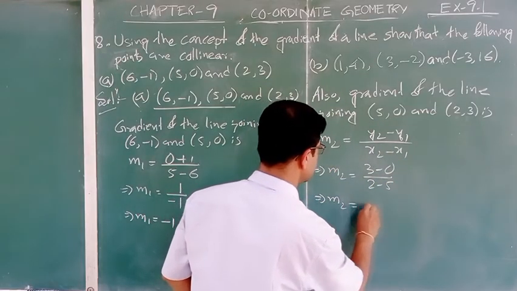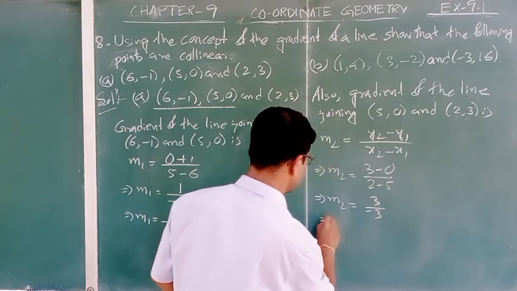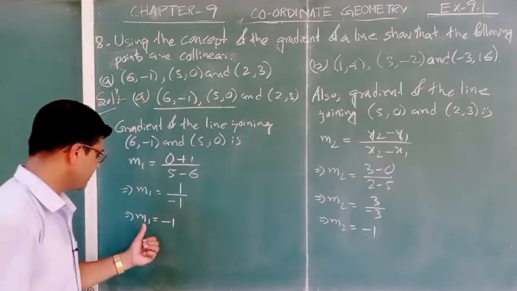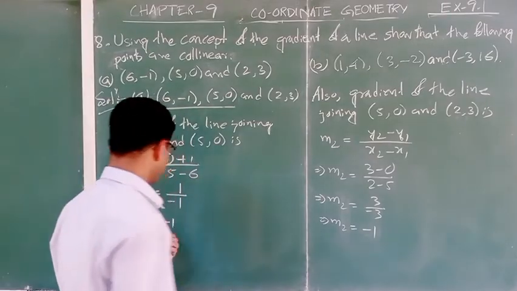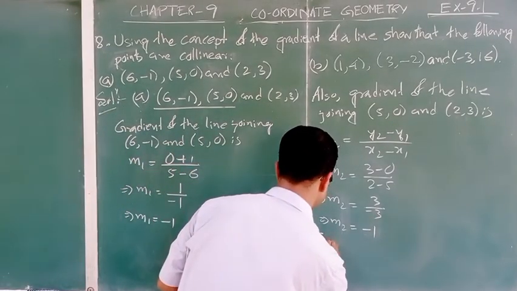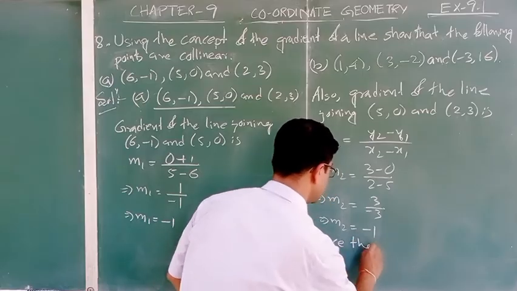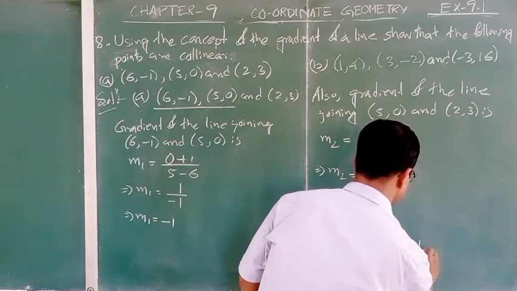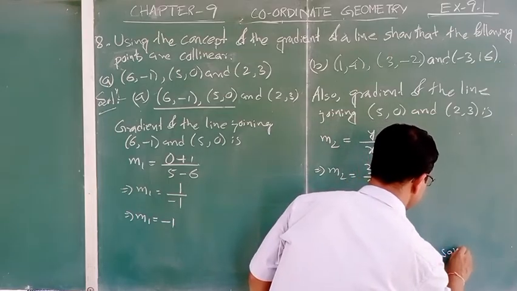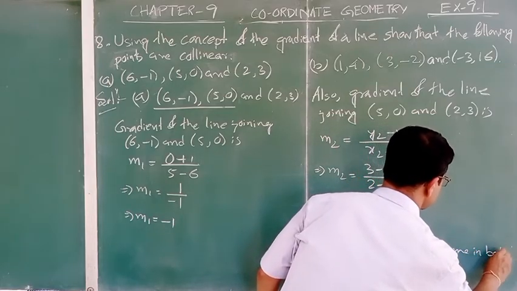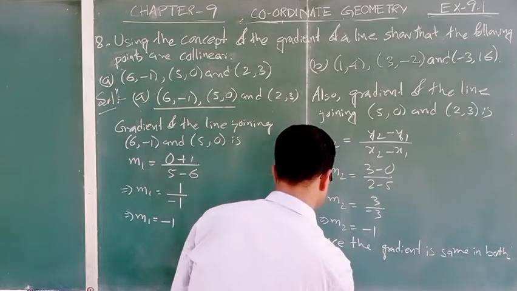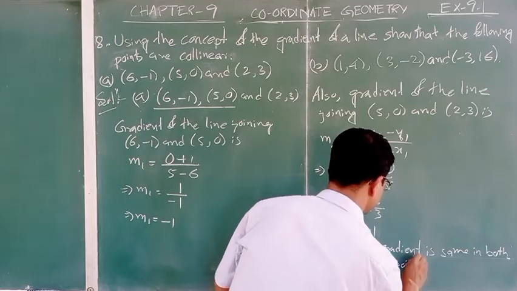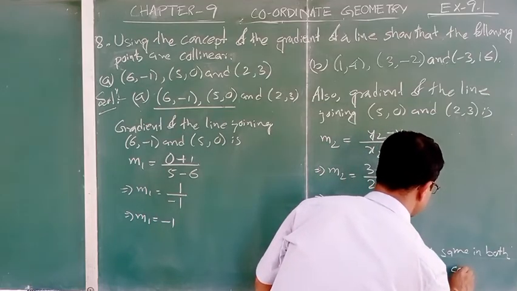So m2 is 3 by minus 3. m2 is how much? -1. Now you can observe that the slopes are the same. It is -1, here also -1. Since the gradient is the same in both the cases, the points are collinear.